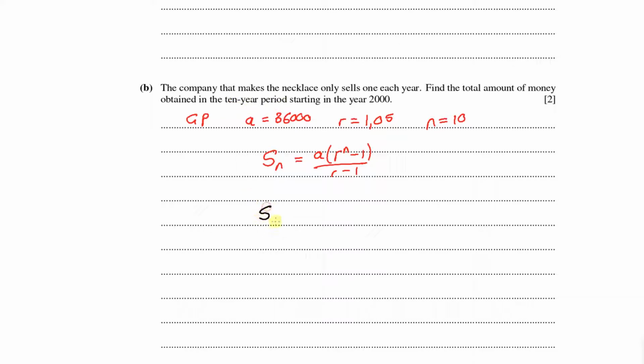So we do sum to 10 is equal to A, which is 36,000, open bracket, that's 1.05 to the power of n, which is 10, minus 1, and we divide all this by R minus 1, which is 1.05 minus 1. So let's just use our calculator for the calculation.